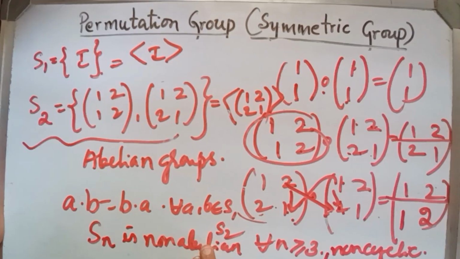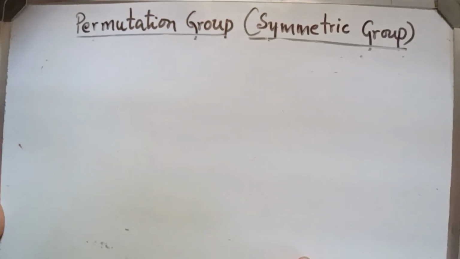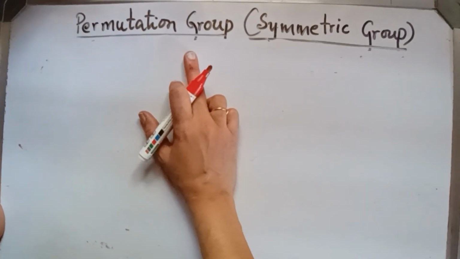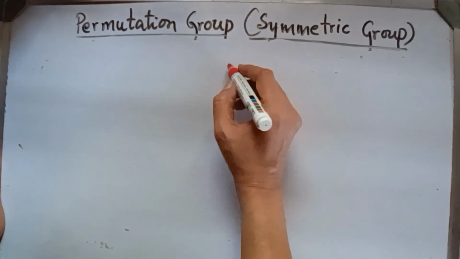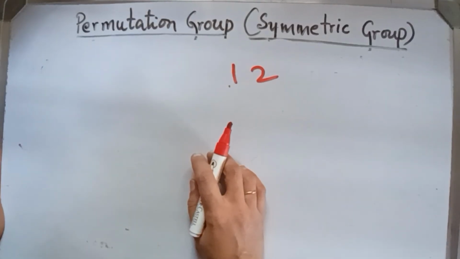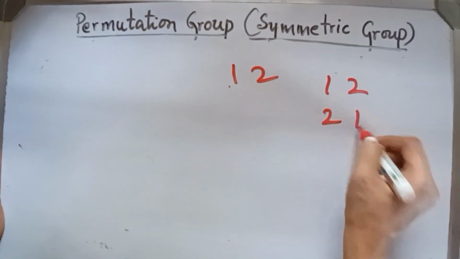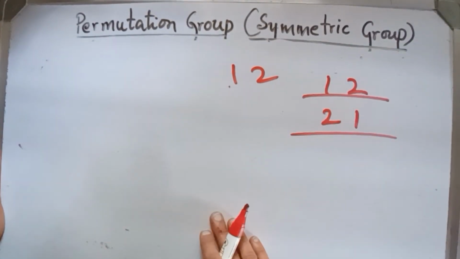Sn is non-abelian, non-cyclic for all n greater than or equal to 3. So why the name permutation group? Because it gives you all permutations on n symbols. What are the permutations on these two symbols 1 2? One is 1 2, another is 2 1. This is one arrangement, this is another arrangement.